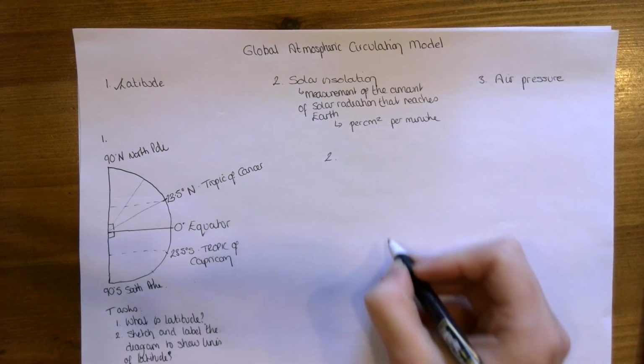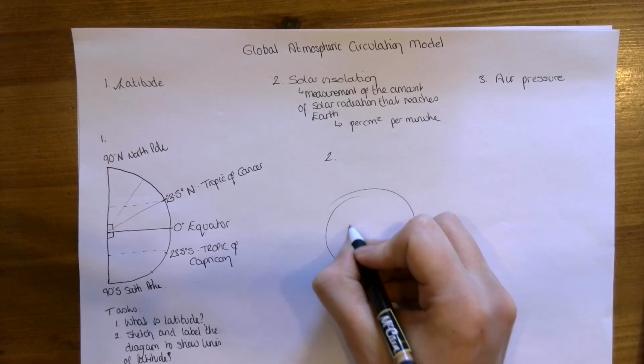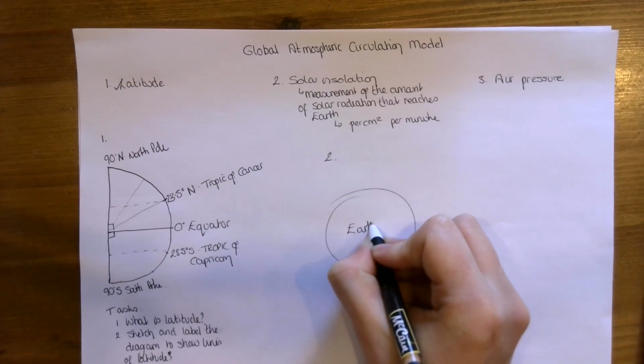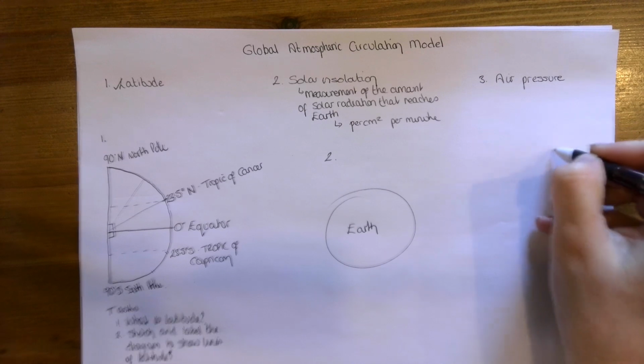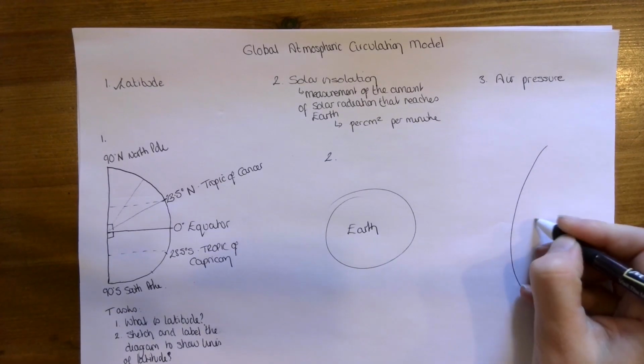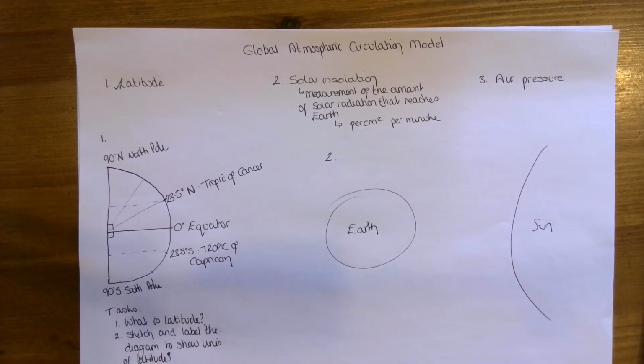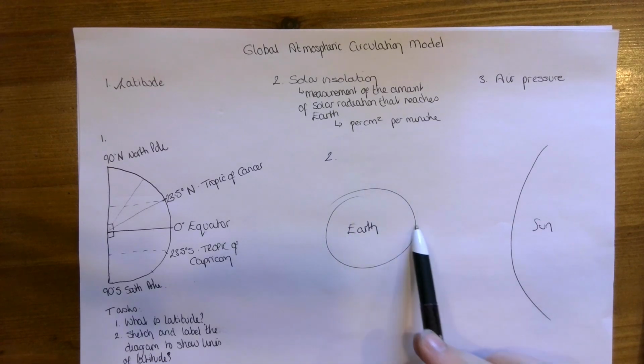So we need to draw a circle to show the Earth. We need to make sure it's a circle. And we need to draw a slightly bigger sun, because we know that the sun is bigger. And what we can see is that the Earth obviously is a set distance away from the sun. And a common misconception, something that I don't want to see anybody writing down, is that the poles are colder than the equator because the sun's rays and sun's radiation has to travel further.